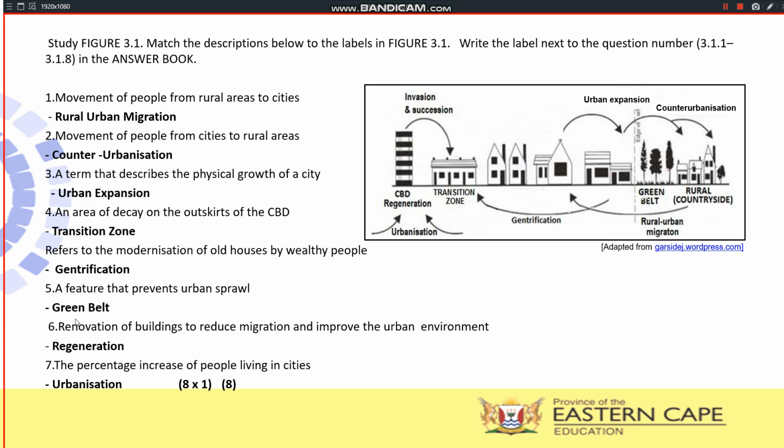Like I said, I have uploaded a number of worksheets, and in each of the worksheets I dealt with a topic.